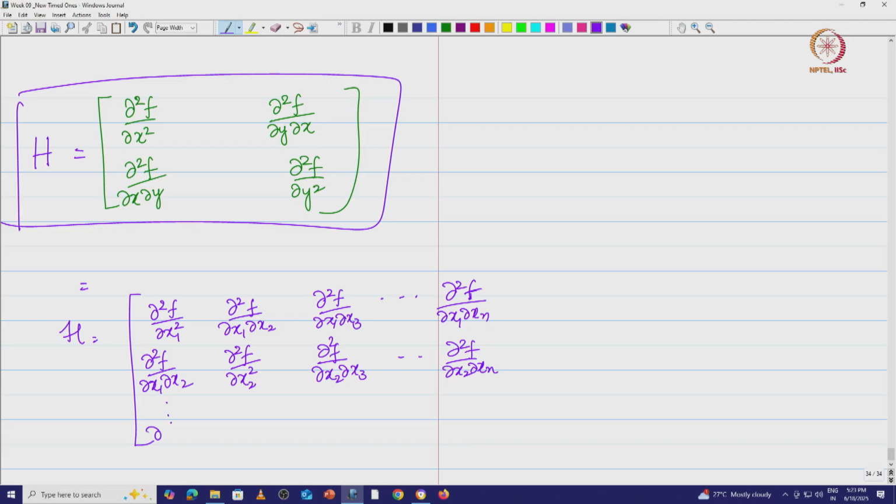Similarly, it goes this way. So, you have ∂²f/∂xn∂x1, ∂²f/∂xn∂x2, etc., ∂²f/∂xn². So, this is basically the Hessian matrix of a function of n variables, right.